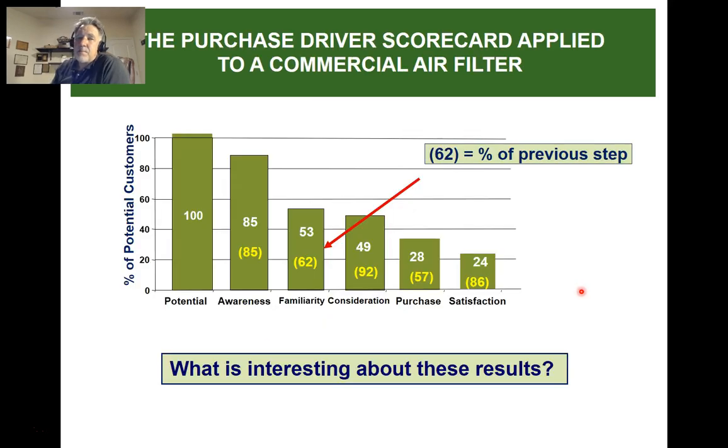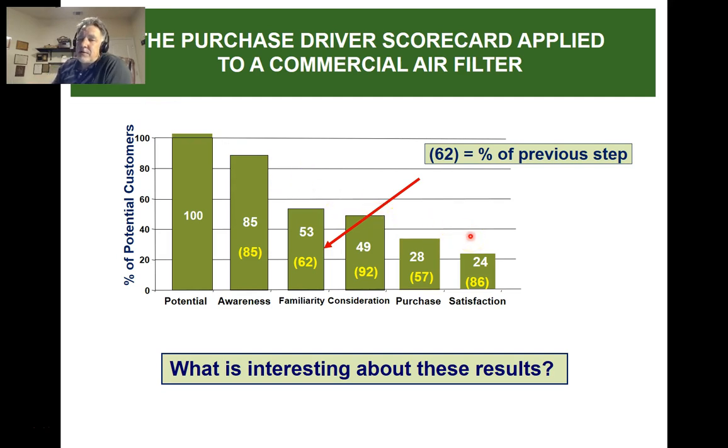Here's an example of the Purchase Driver Scorecard, applied to a particular product called Commercial Air Filter. A few things you might want to think about. What's interesting about these results? We find as we move through the funnel that there is a decline from the total potential market.